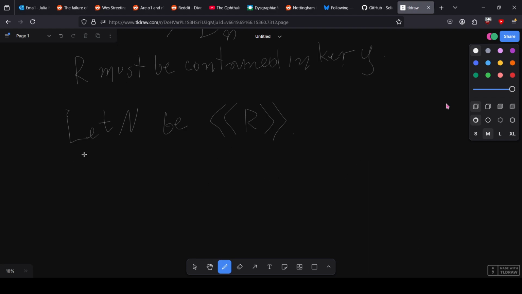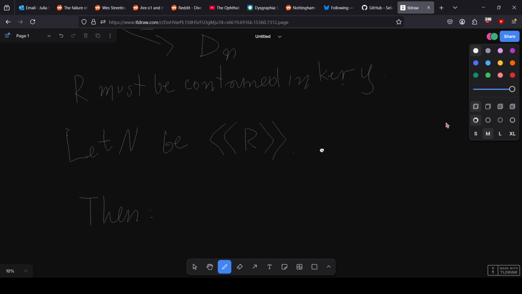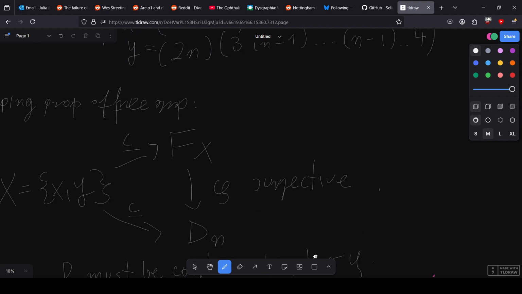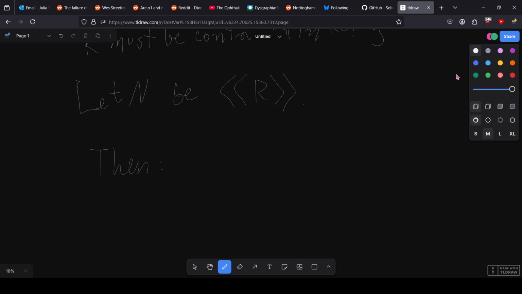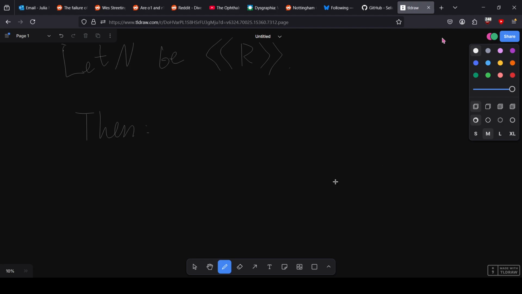Then, again, with the diagrams, because this is honestly the best way to view things a lot of the time, we have Fx over here.